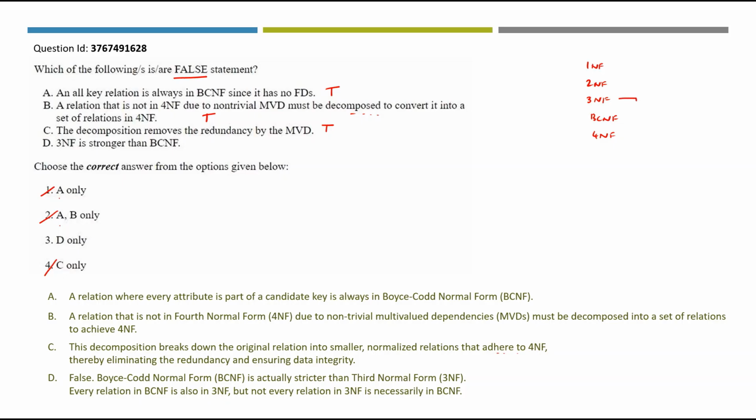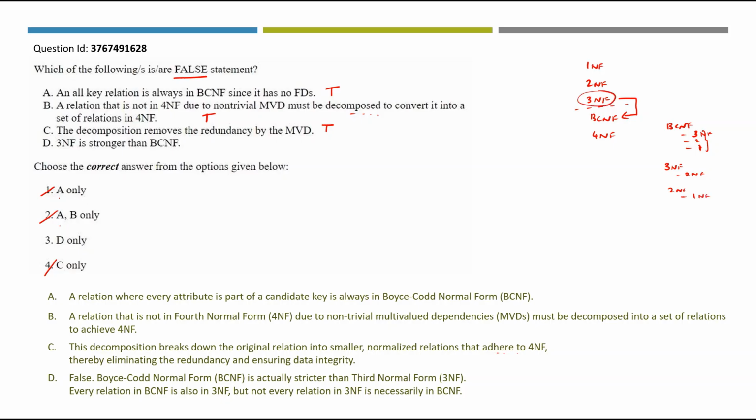So only after passing this stage we are coming here. But not every relation in 3NF is necessarily in BCNF. So when you take BCNF, we can say it is already present in 3NF. Take 3NF, we can say it is already present in 2NF. When you take 2NF, we can say it is already present in 1NF.